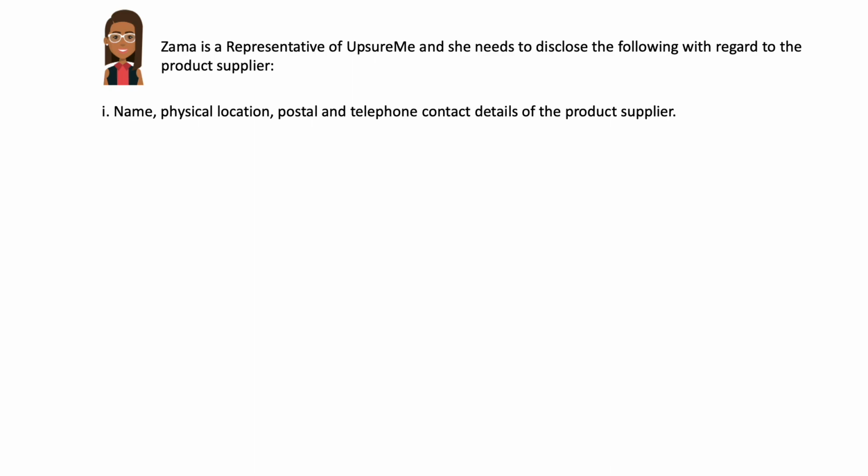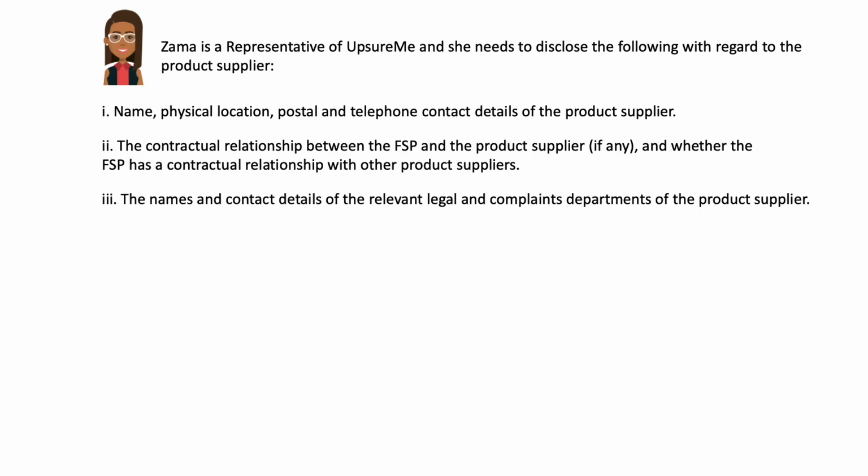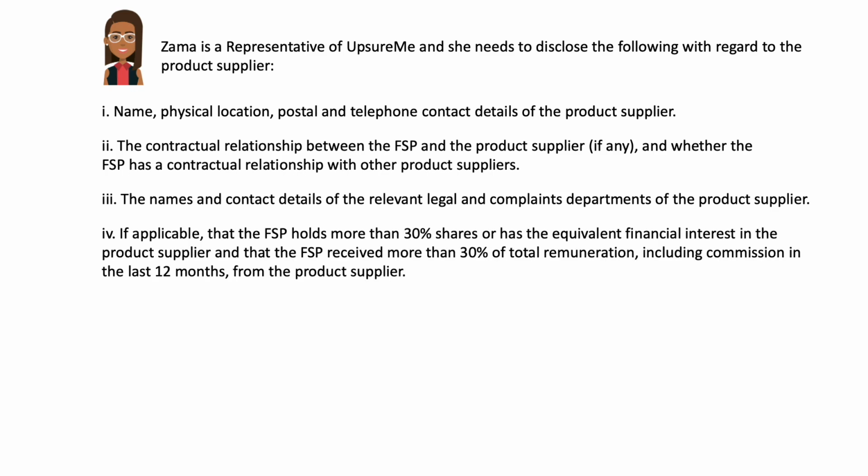1. Name, physical location, postal, and telephone contact details of the product supplier. 2. The contractual relationship between the FSP and the product supplier, if any, and whether the FSP has a contractual relationship with other product suppliers. 3. The names and contact details of the relevant legal and complaints departments of the product supplier. 4.